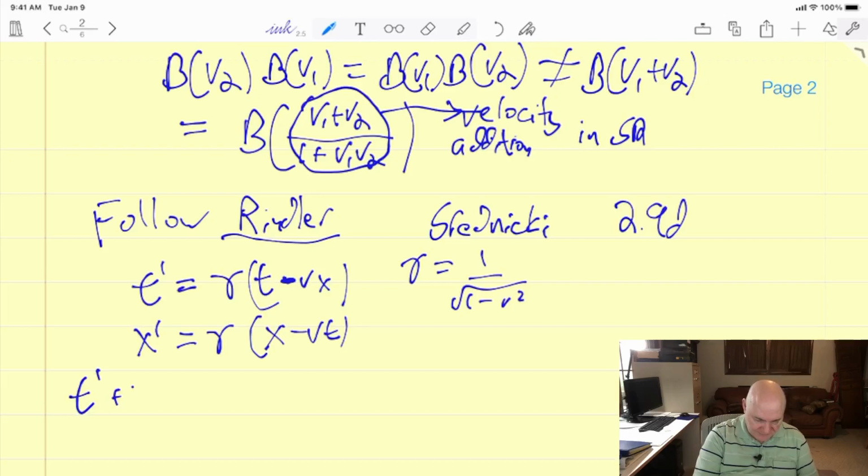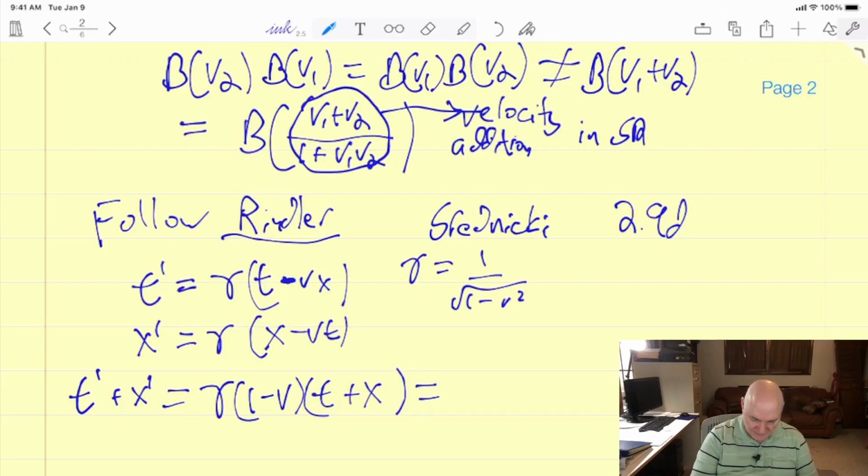So t prime plus x prime is equal to gamma times 1 minus v, you can check the algebra, times t plus x. And this, substituting in gamma and doing trivial algebra, is equal to the square root of 1 minus v over 1 plus v, times t plus x.